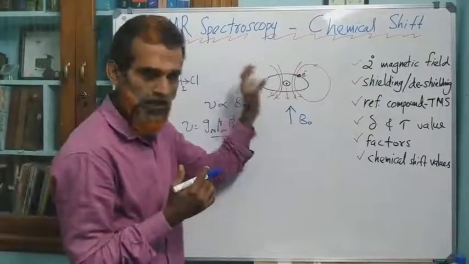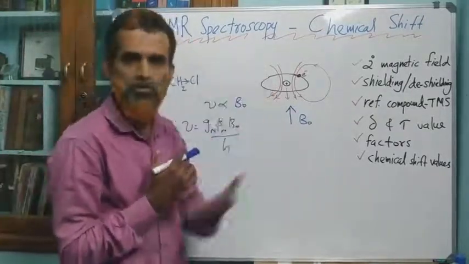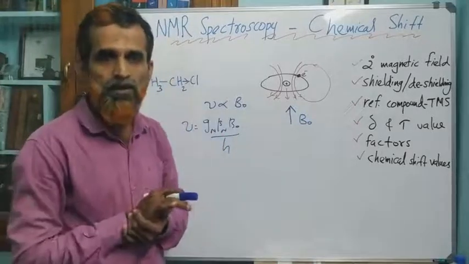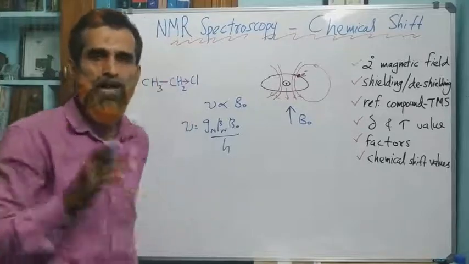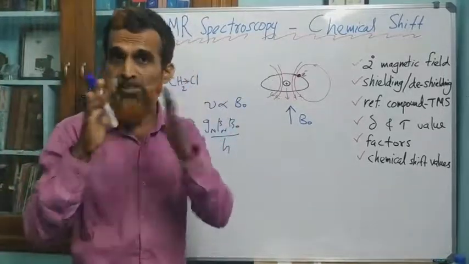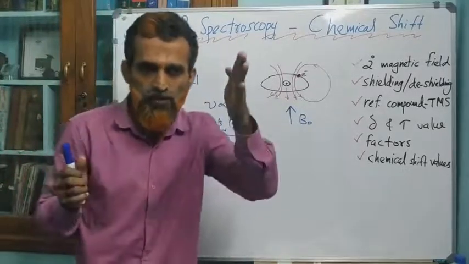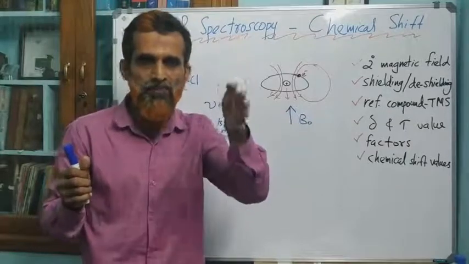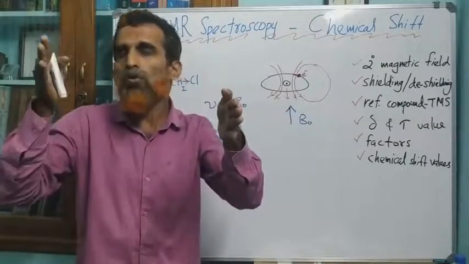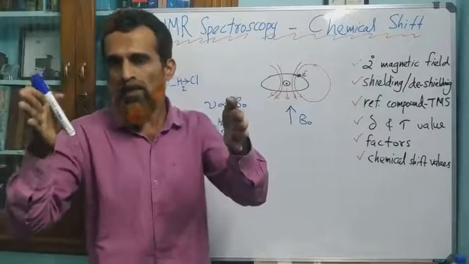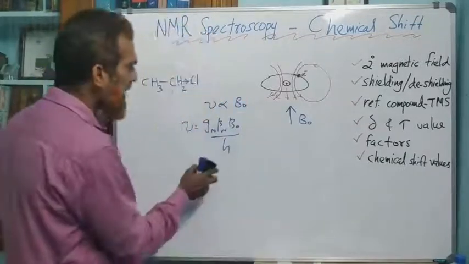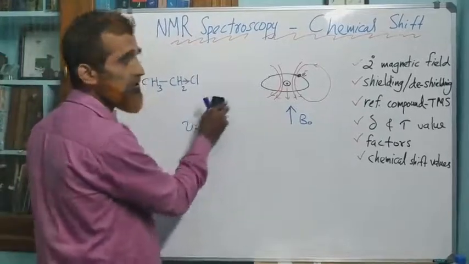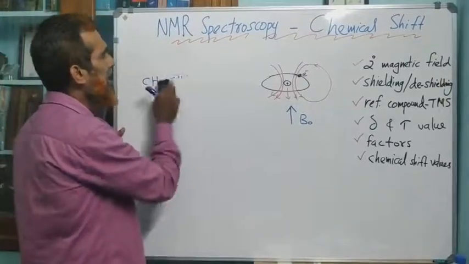So compared to an isolated proton which is having no electrons around, which is not possible, what is the absorption frequency of the given proton? That difference is called chemical shift. Shift in absorption position of a given set of protons compared to an isolated proton. The absolute chemical shift cannot be determined because we cannot have an isolated proton.